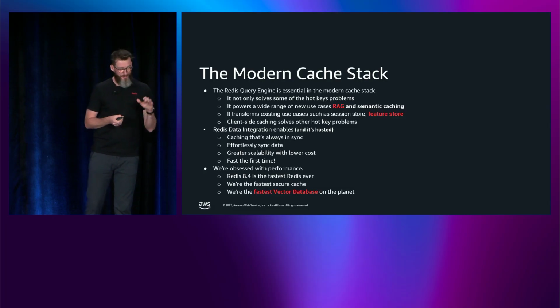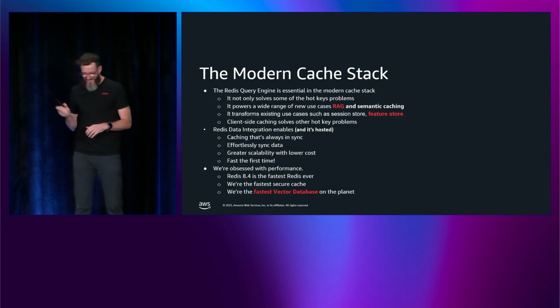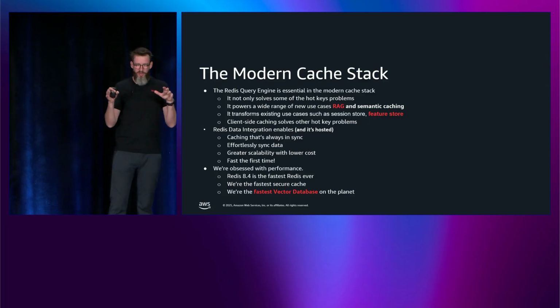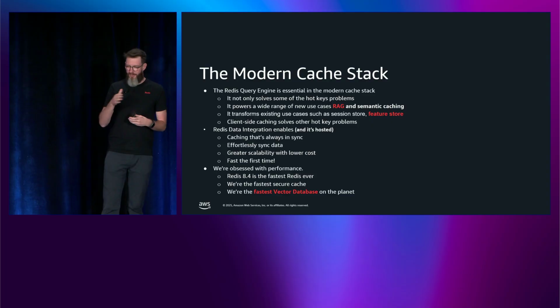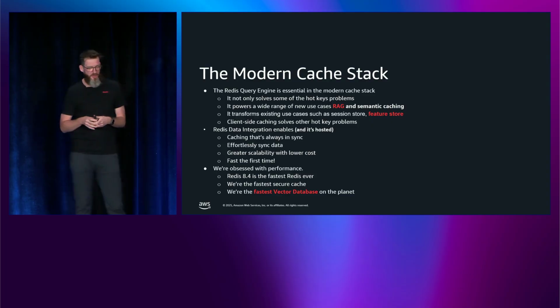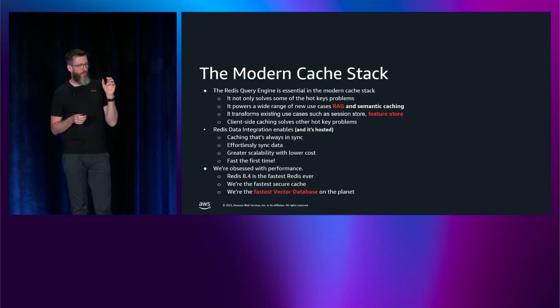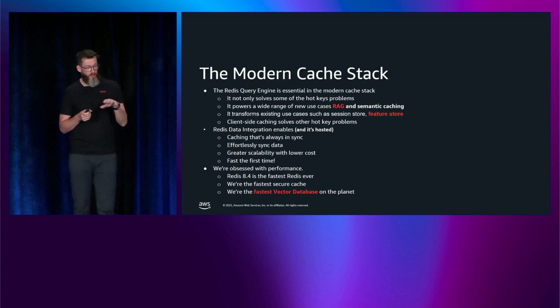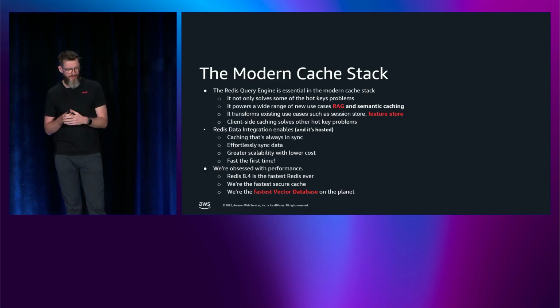I've been talking a lot. I'm going to summarize, and I'm going to hand it over finally to Eber. Give me one moment. So the modern cache, how this all evolved from, let's say, 10 years ago. We believe that the Redis Query Engine is now really an essential ingredient in our modern cache stack. It doesn't only solve the hotkey problem for the sets and sorted sets, but it also powers new use cases such as RAG, semantic caching.